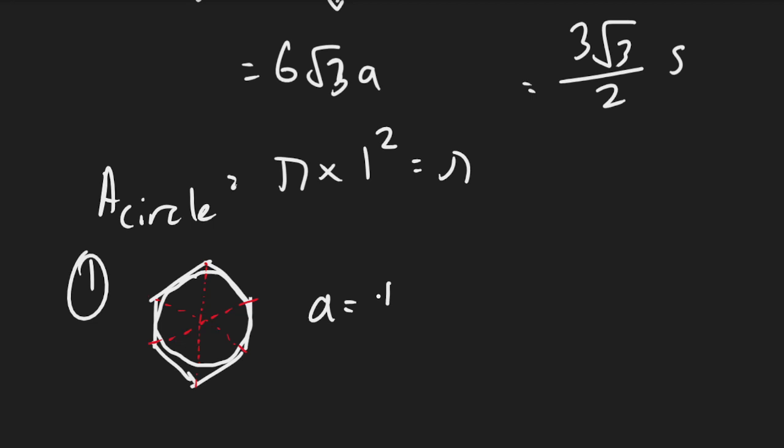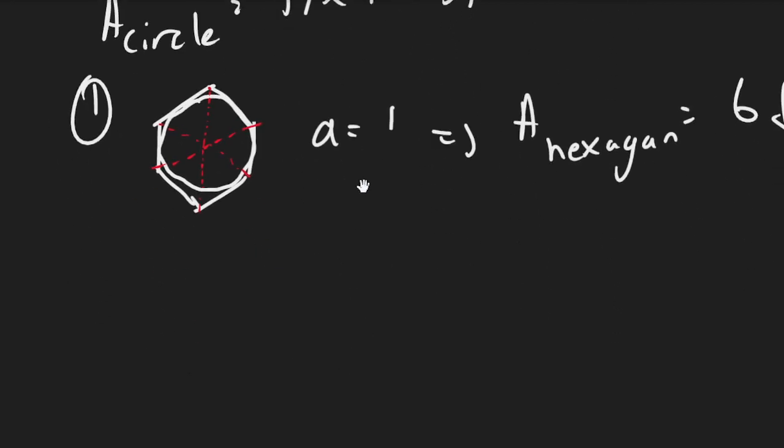So the area of the hexagon that we have is equivalent to 6 square root of 3 units squared. So from here, the area of the hexagon minus the area of the circle. So let's say the difference D is 6 square root of 3 minus pi. That's the area that we have.